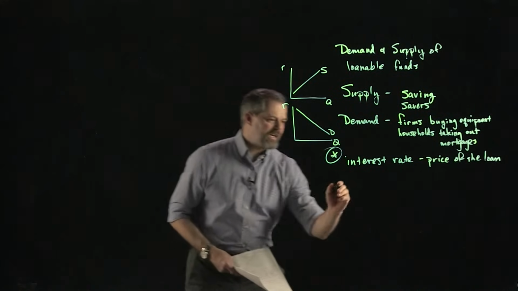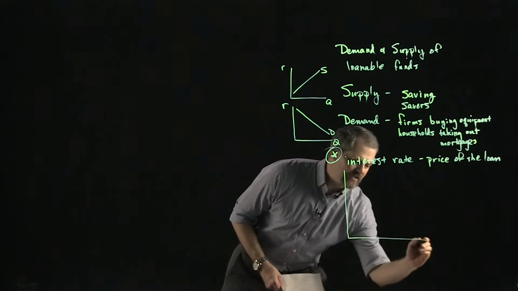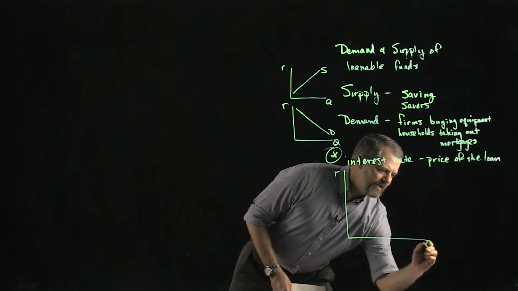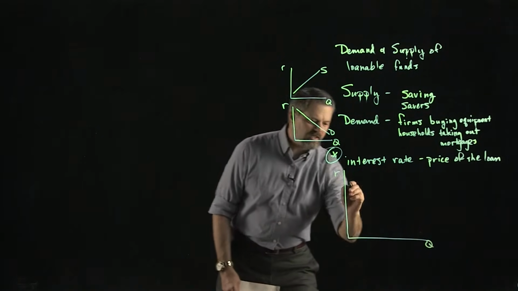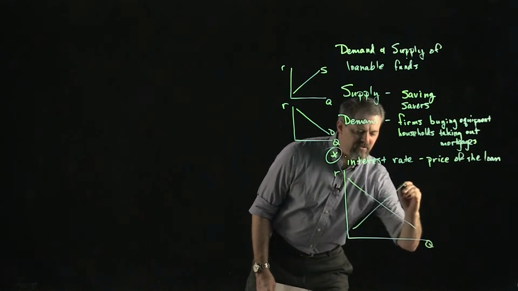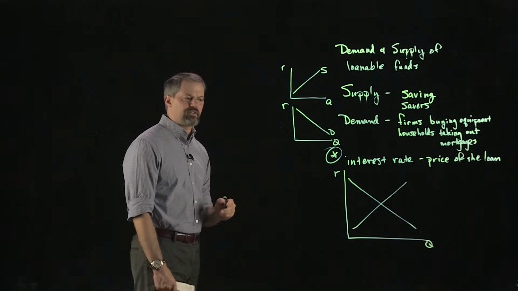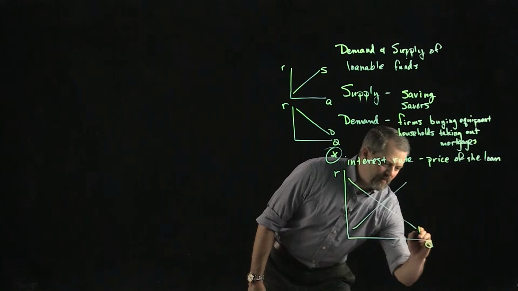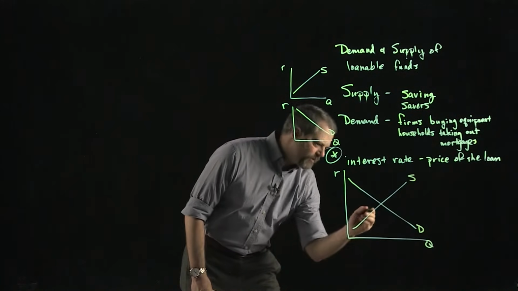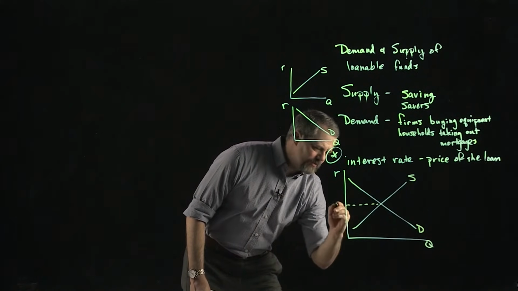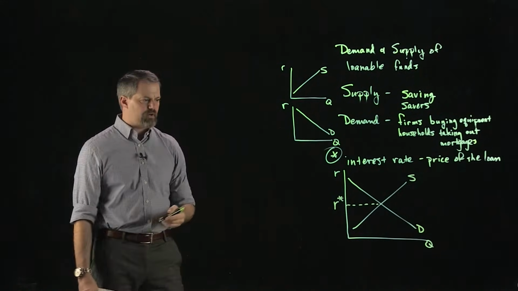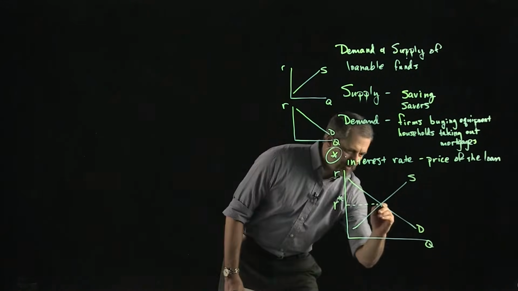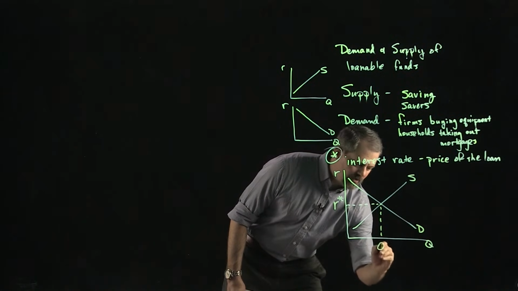We're going to put these together. If we think about the supply and demand of loanable funds, the equilibrium interest rate is going to be determined by the intersection of the demand curve and the supply curve. So here's our demand for loanable funds, our supply of loanable funds. This interest rate, I'll call it R star, that's going to be the equilibrium interest rate. And of course our equilibrium quantity right here, I'll call it Q star.